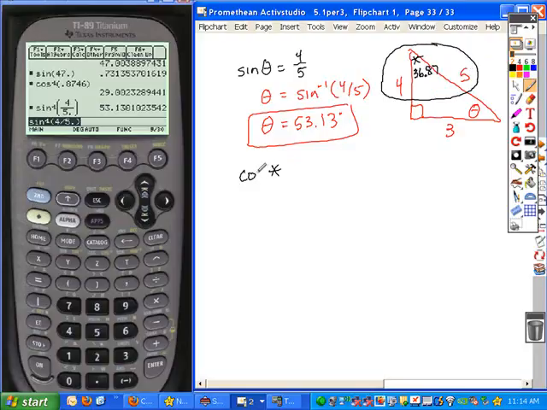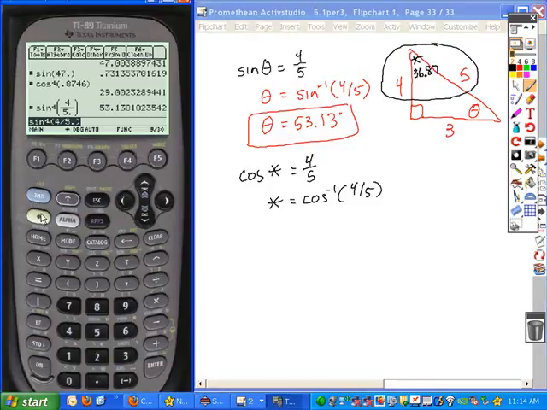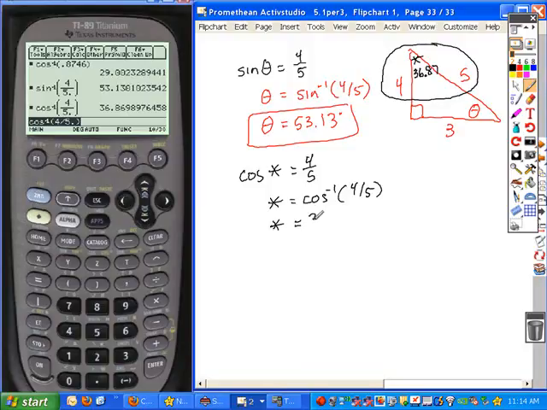So if we test this, the cosine of our unknown angle is equal to 4 over 5. So we can solve for that unknown angle by taking the inverse cosine. Does this confirm what we anticipated? Inverse cosine of 4 over 5 is equal to 36.87. So it confirms what we would have expected.